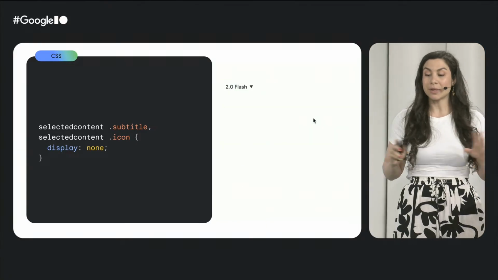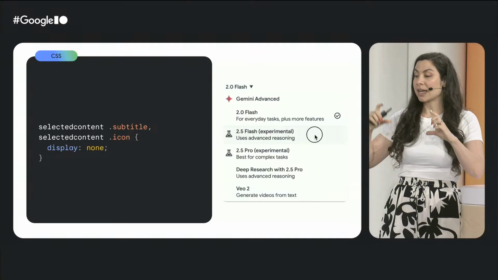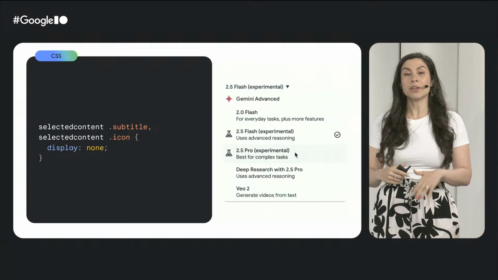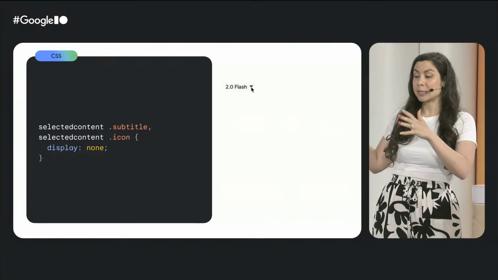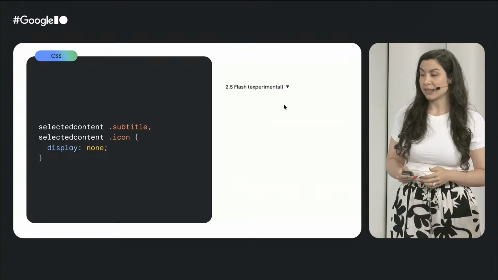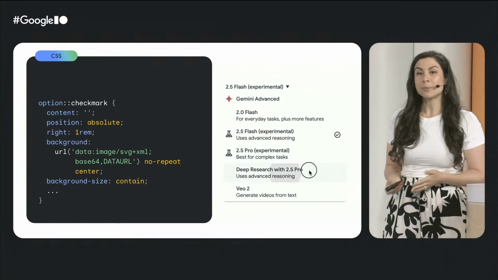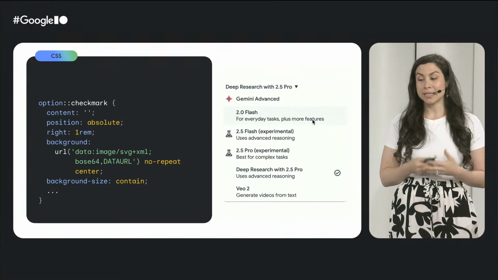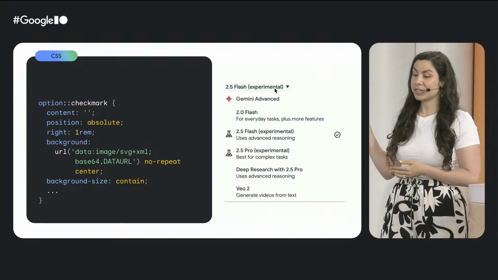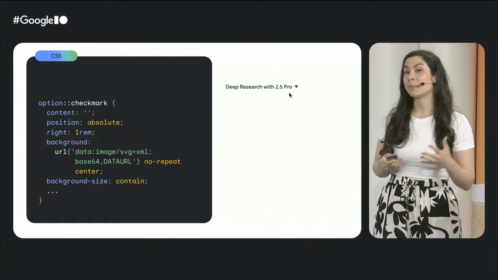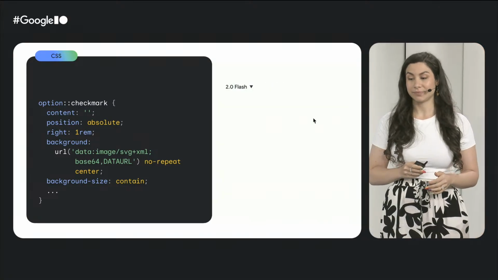So I'm hiding the rest of the content in that option, like the subtitle and icon, which would otherwise get reflected in the selected content. And I'm doing this by simply setting it to display none in that selected content. I'm also bringing in a custom background image using a base64 encoded image for that check mark to indicate the checked item, and I'm repositioning it from the user agent default styles.